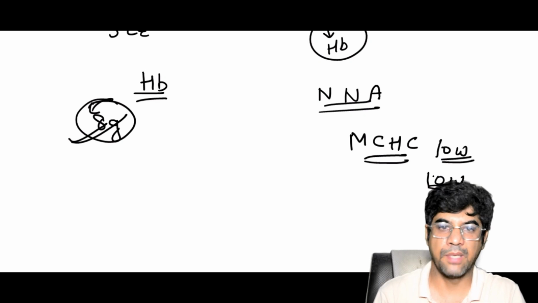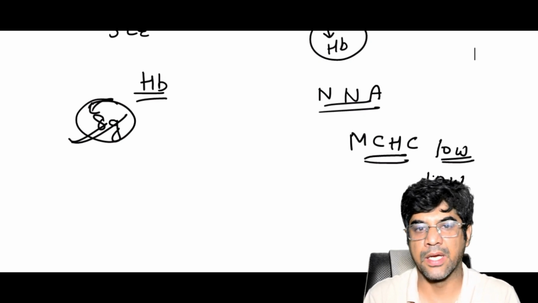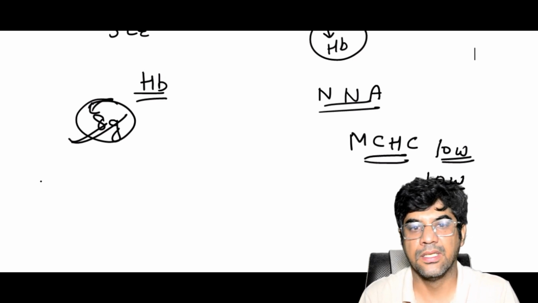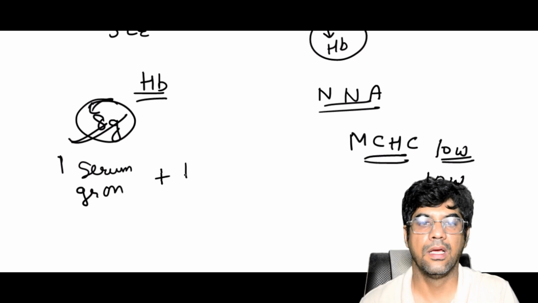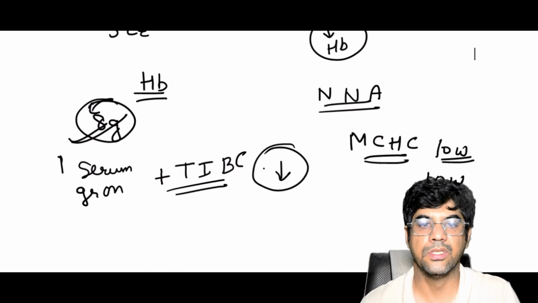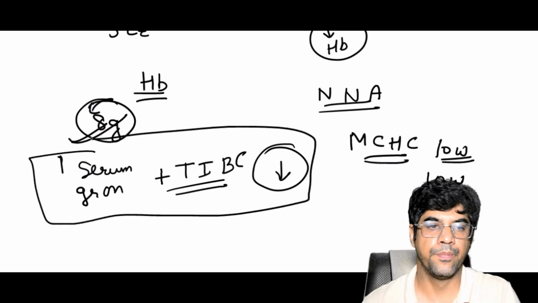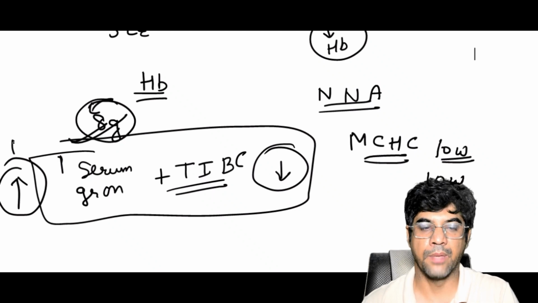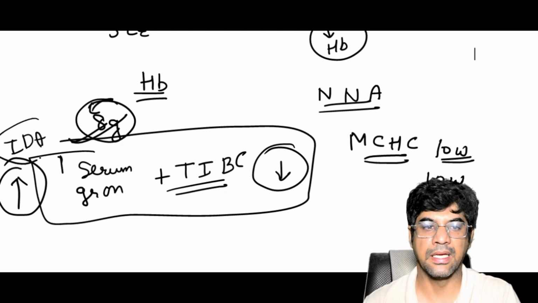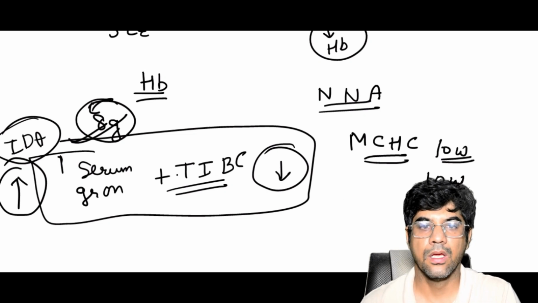On the bone marrow examination, you will see the increased iron in macrophages. There would be increased plasma cells in case of chronic infection. The serum iron and total iron binding capacity are reduced. Whereas in iron deficiency anemia, you would see the serum iron and total iron binding capacity increased.